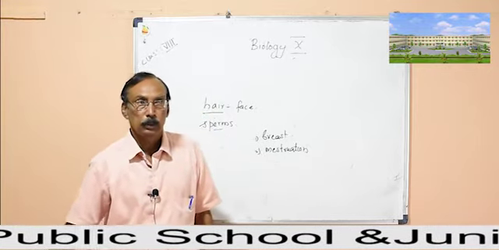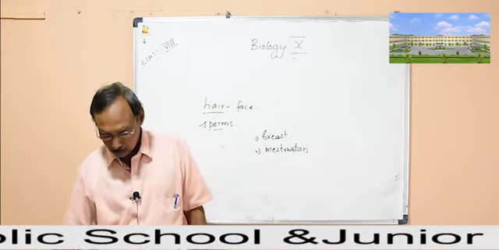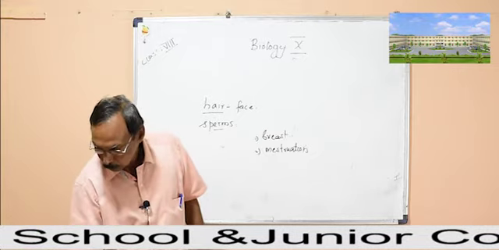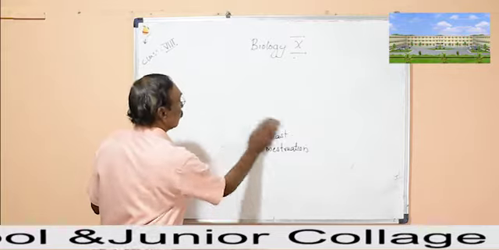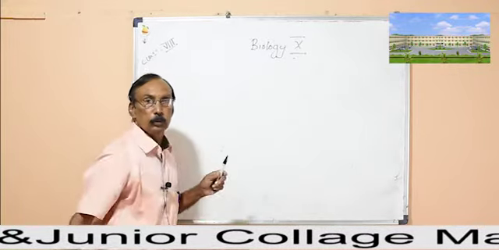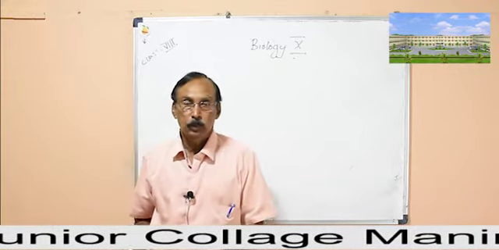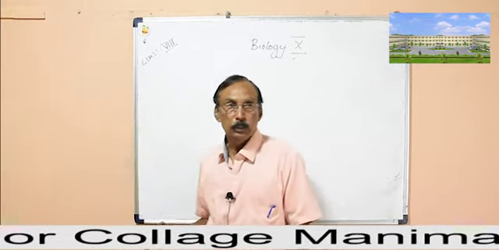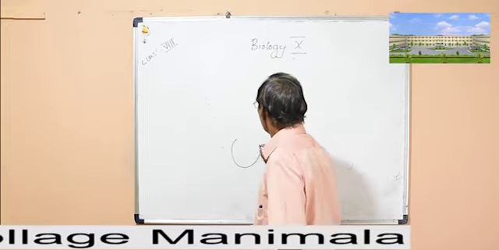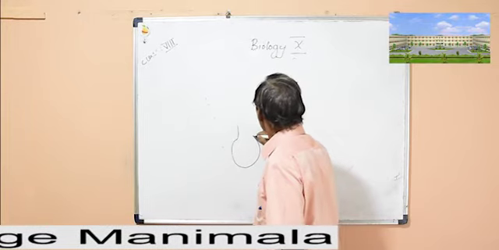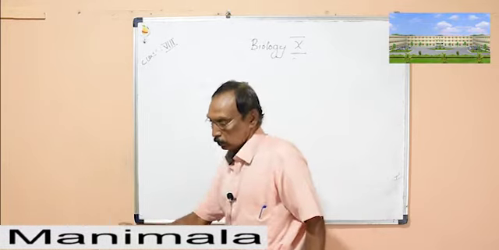So there are certain differences, and we are going to see the male reproductive system. If you examine the male reproductive system, you can see two testes. They are outside the body, hanging outside the body.